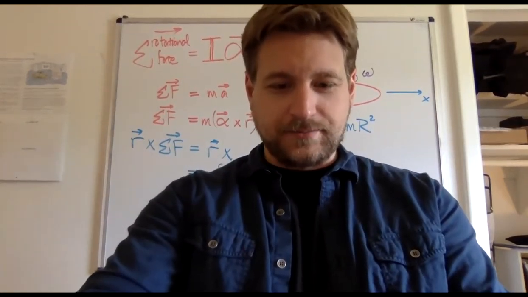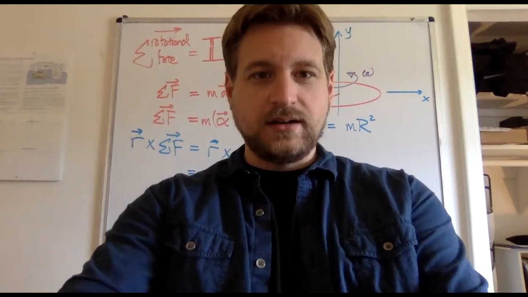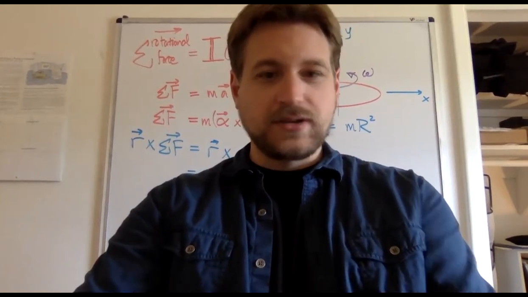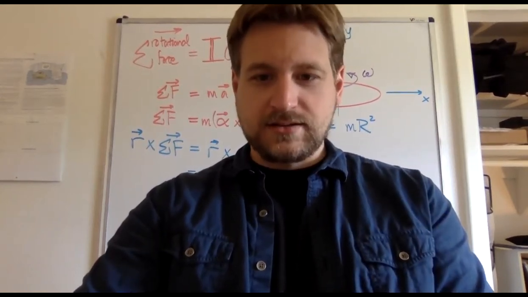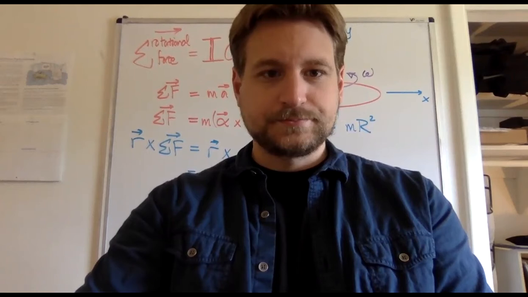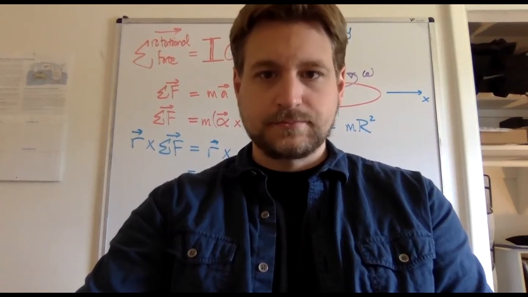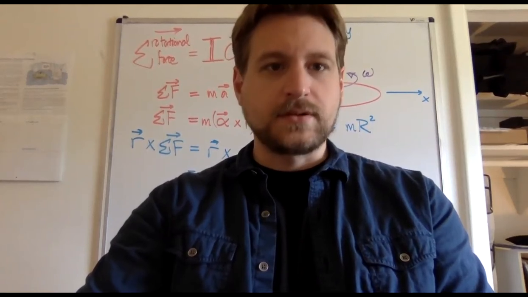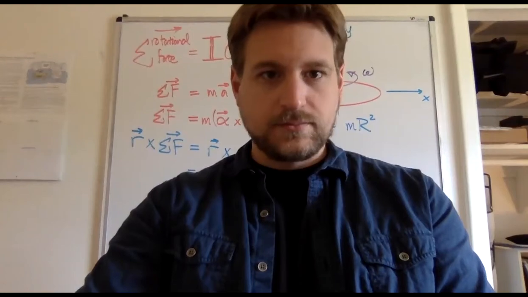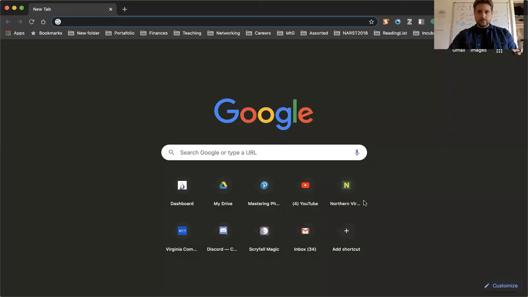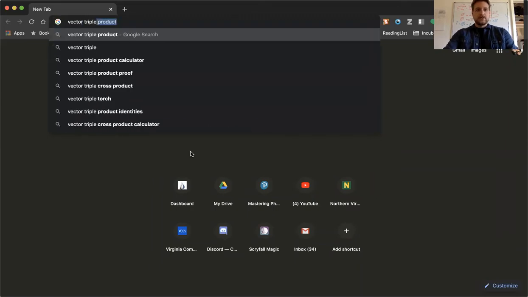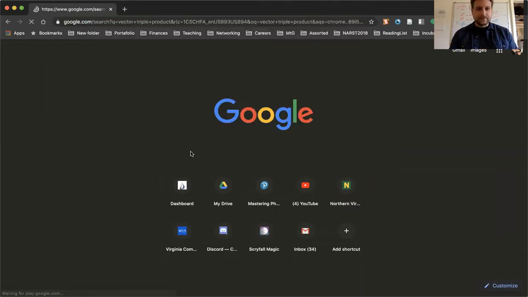I'm going to create a tab here, and then I'm going to share my screen with you so you can see what I'm doing. There we go. Okay, so I'm going to Google vector triple product.